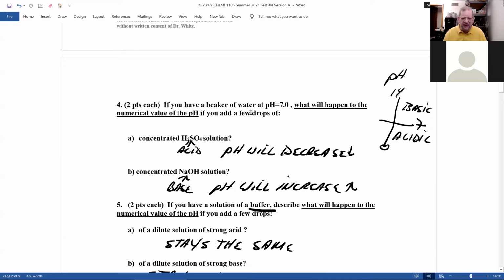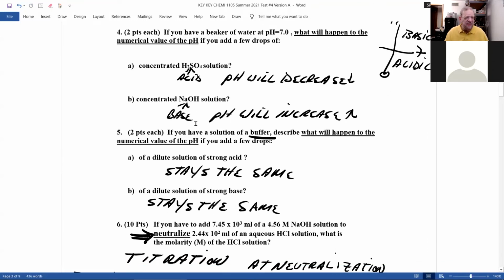If you have a beaker of pH water at pH 7.0, what will happen to the numerical value of the pH if you add a few drops of concentrated H2SO4? Well, you have to know H2SO4 is an acid, and that will cause the pH to decrease, make it more acidic, but I'm asking what happens to numerical value. B, you have NaOH. It's a base. Base will increase the pH.